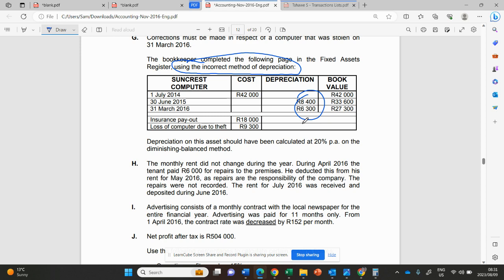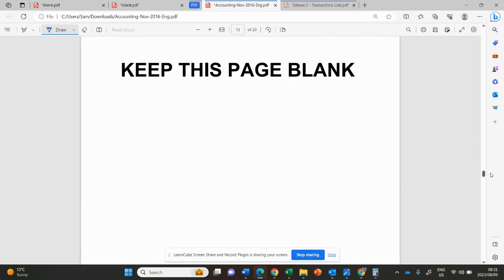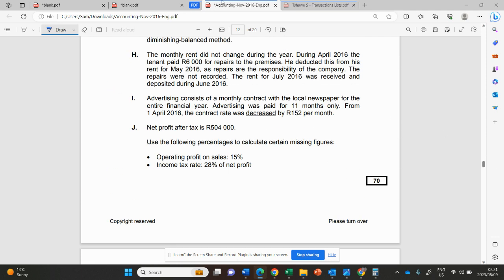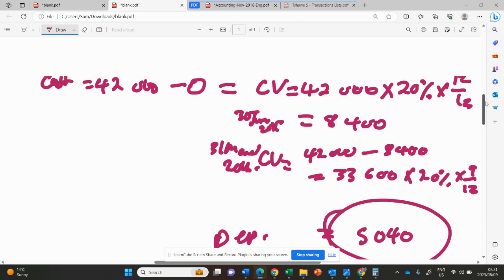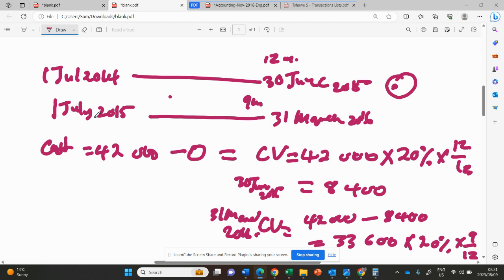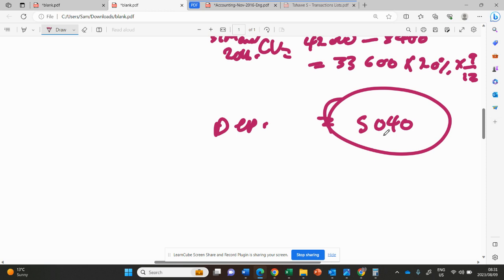The current year is 30 June 2016. So the depreciation of the current year is this one, 1st July 2015 to 31 March 2016. So here it's going to be this one.